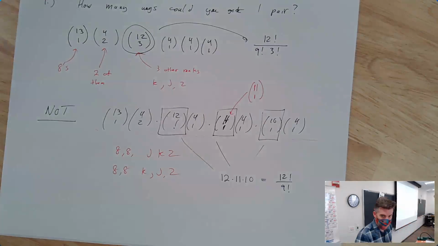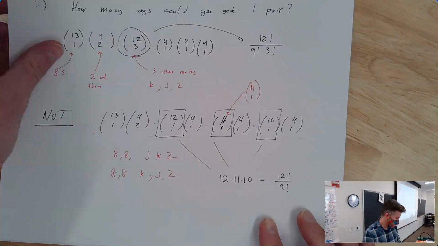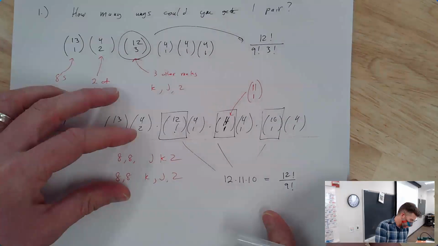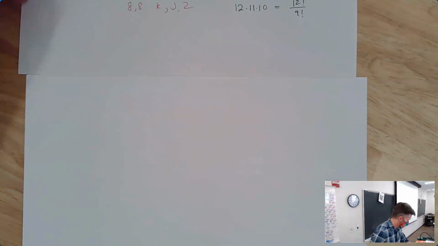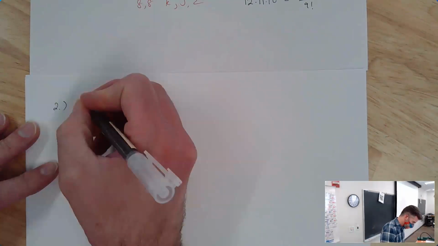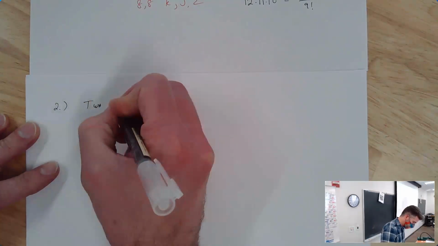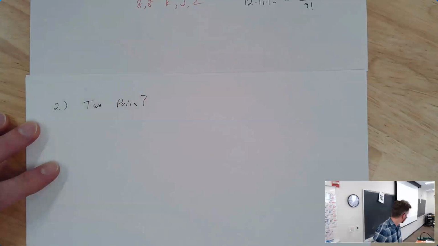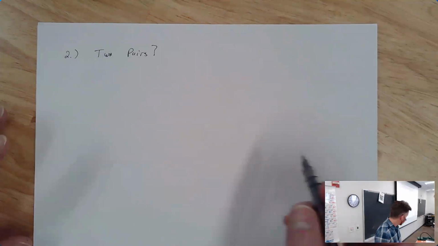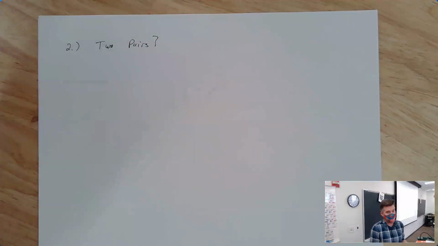Let's look at a different example. Yeah, we got a little bit of time. Let's say how about 2 pairs? And we're gonna contrast this with a very interesting question. So 2 pairs, well, again, the same kind of deal.